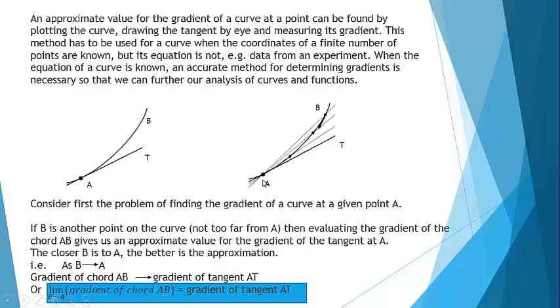And once it reaches A, we can say the gradient of chord AB tends to the gradient of tangent AT, or the limit as B tends to A of the gradient of chord AB equals the gradient of tangent AT. Like what we discussed before, when B tends to A, the gradient of the chord AB becomes the gradient of tangent AT.